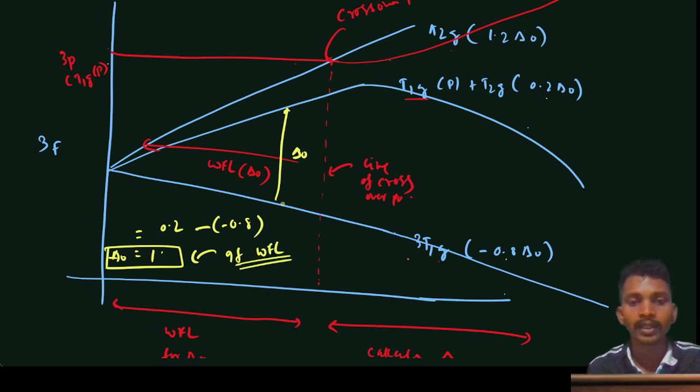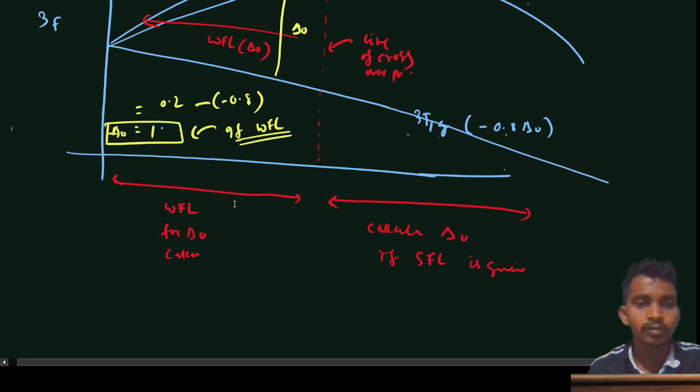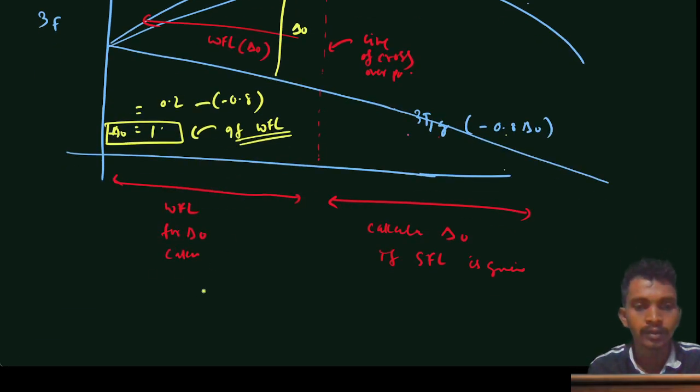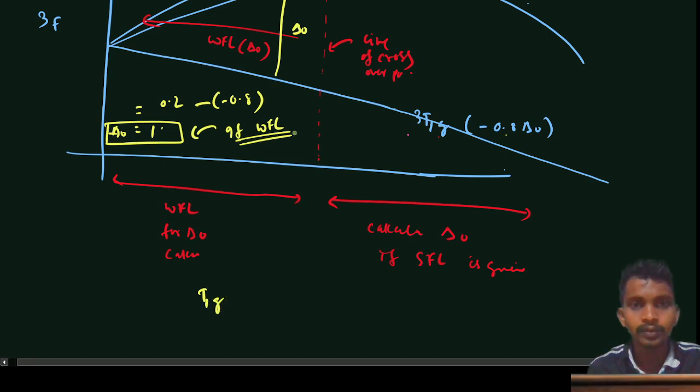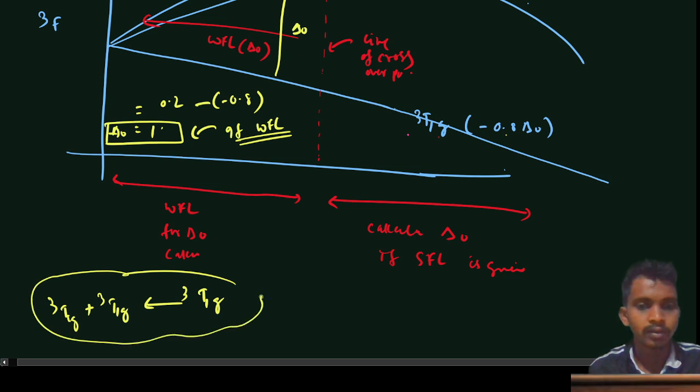Okay, so that transition is from 3T1g to this, the T1g(P), that is, 3T1g to 3T1g plus 3T2g. These are the transitions.